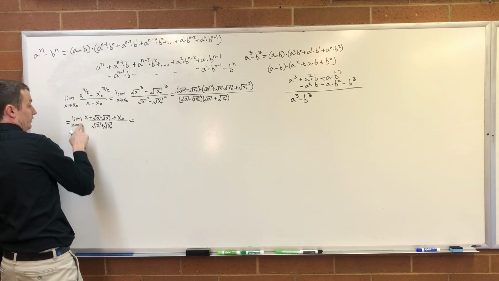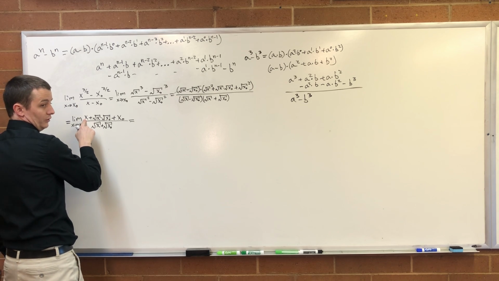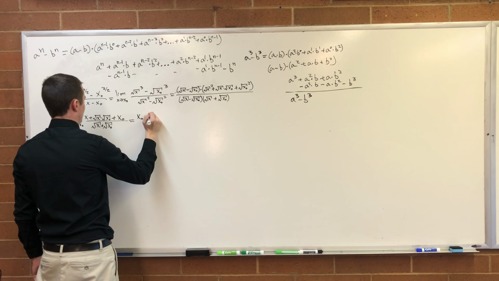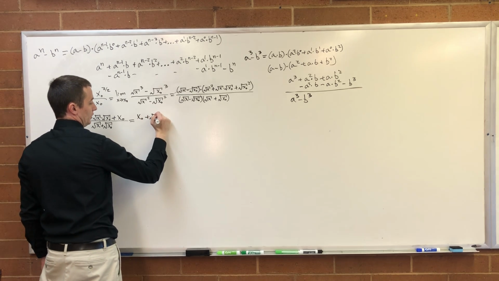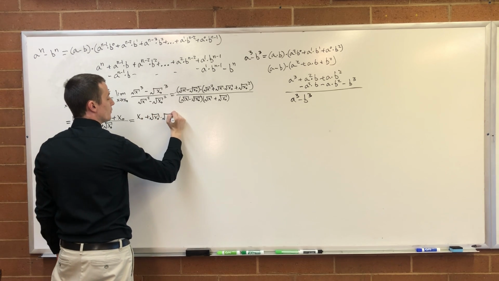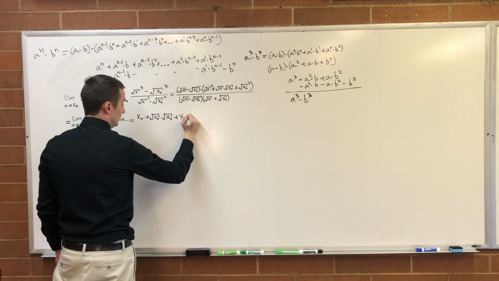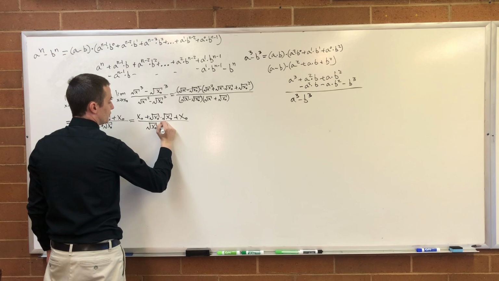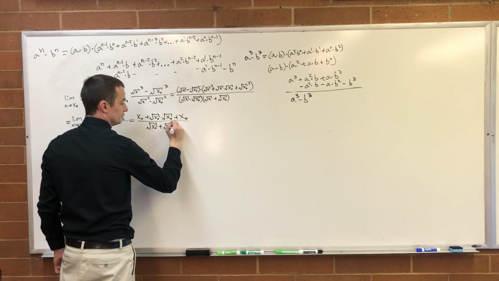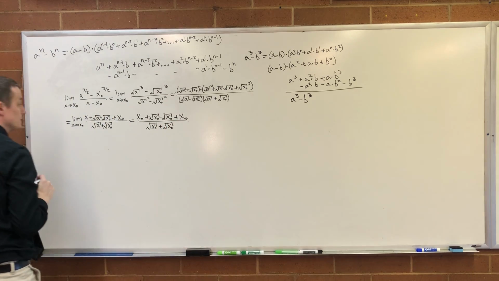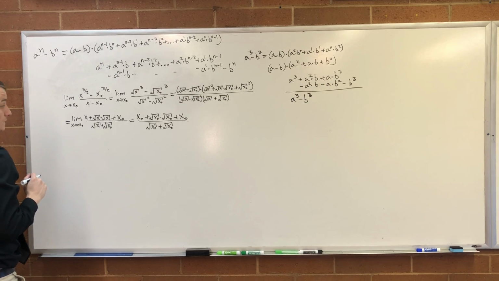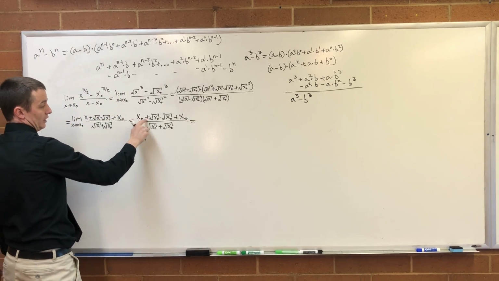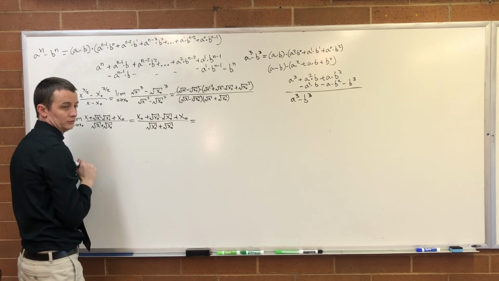So take our limit now. As x approaches x naught, x gets closer and closer to x naught. So we have x naught plus the square root of x naught times the square root of x naught plus x naught all over the square root of x naught plus the square root of x naught. So this is equal to, we have x naught plus x naught plus x naught, right?